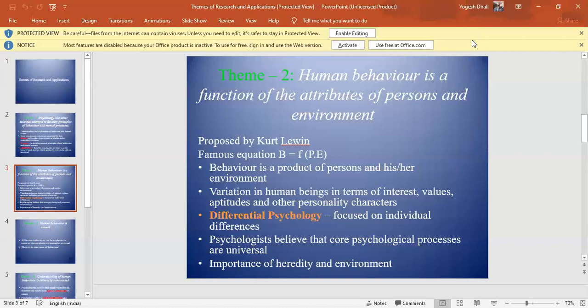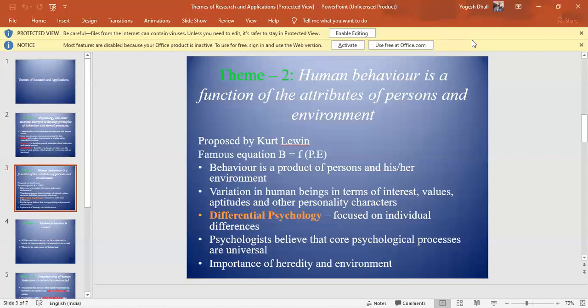So on the basis of this topic, next comes the effect of heredity and environment. What is the role of heredity and environment on our behavior? Heredity means the traits we inherit from our parents, like color of skin, color of hair, height.